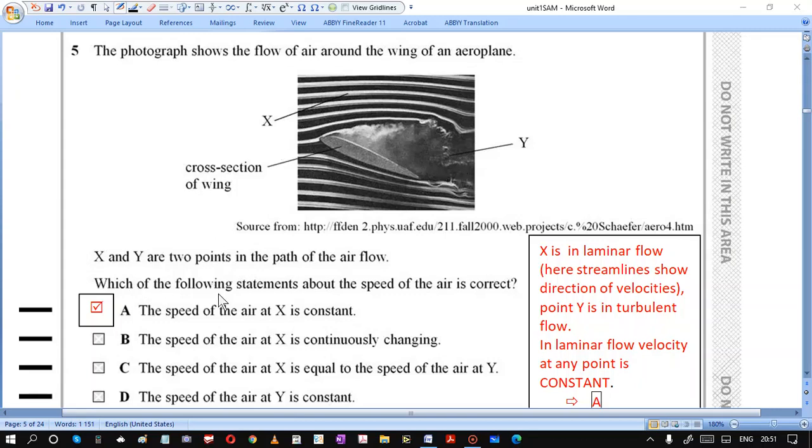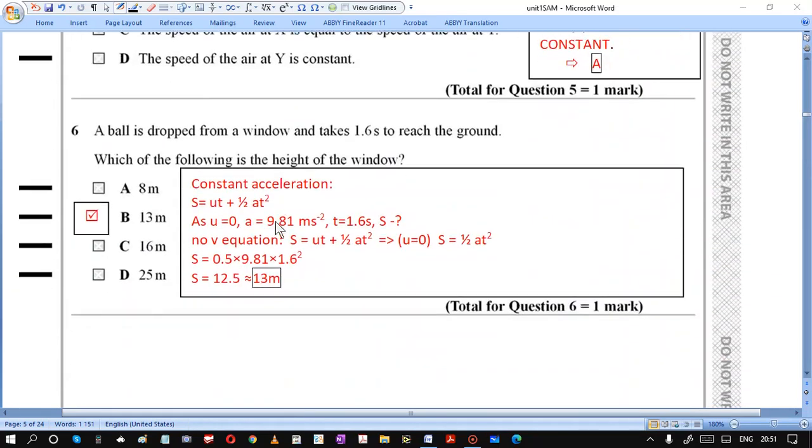Which of the following statements about the speed of air is correct? The speed of air at x is constant. Yes, here it is constant. The speed of air at x is continuously changing. Wrong. The speed of air at x is equal to the speed of air at y. That's a question mark. The speed of air at y is constant. No, because here we have turbulent flow.